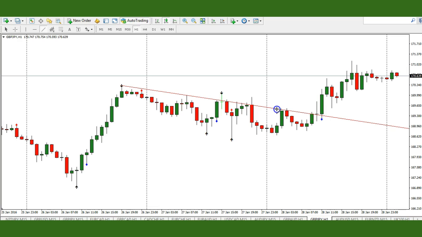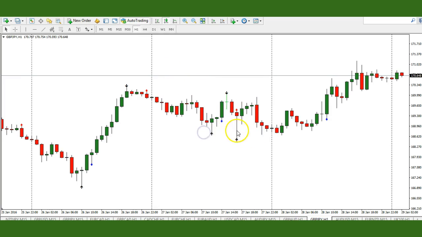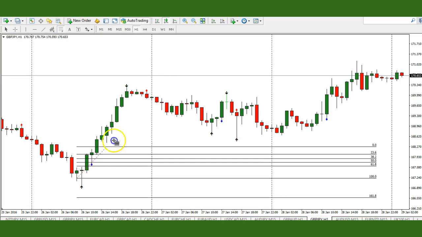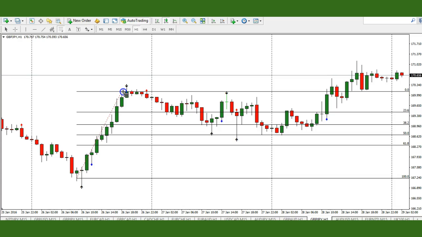So coming into a new day, the market found support down here. And there was a huge candle right there telling us that this is a strong support. Huge wick on Wednesday. Take your Fibonacci tool from the swing low to swing high, and price found support around the 50% retracement level.